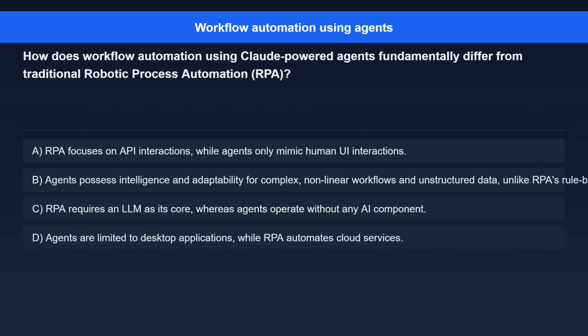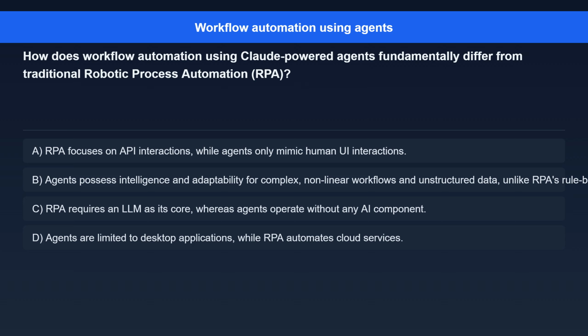Question 7. How does workflow automation using Claude-powered agents fundamentally differ from traditional robotic process automation, RPA? Option A. RPA focuses on API interactions, while agents only mimic human UI interactions.